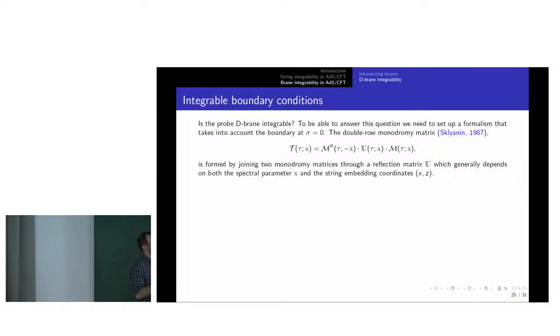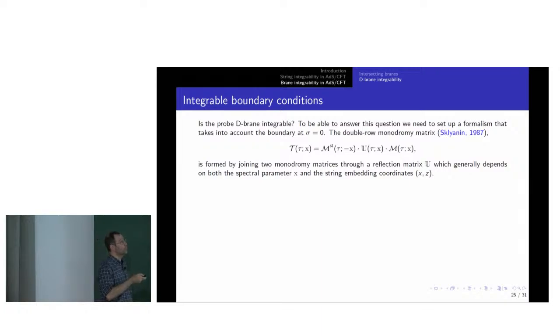And this brings us to the work of Sklyanin, who defined the double row monodromy matrix, which is built of the monodromies that we used to construct the hierarchy of charges in the bulk, or for periodic boundary conditions, and a reflection matrix U, which takes the boundary into account.